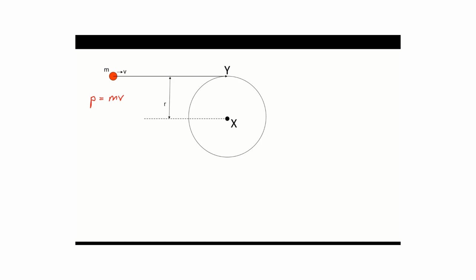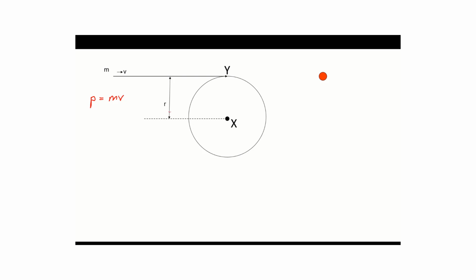Now if it was travelling around the circle, we'd say, well, it must have an angular momentum then. And that's how it's sort of looked at. It is a very strange concept, but it is useful and it does prove itself in experimentation. So we've got the mass moving along, and the mass goes past, as I said, in that instant at point y from point x, we could say that it's got a distance r, where r is the perpendicular distance.